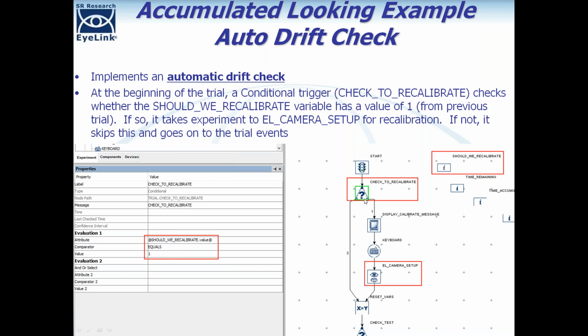If so, it'll follow this little check mark and take the experimental flow down here to give us a little message saying we should recalibrate, and then eventually taking us to a camera setup action so we can recalibrate if needed. And if the value is not 1, we'll just skip all that stuff and go on to the next trial.